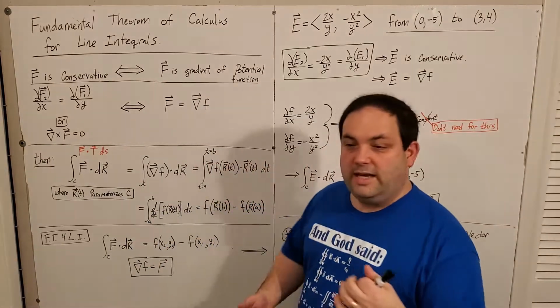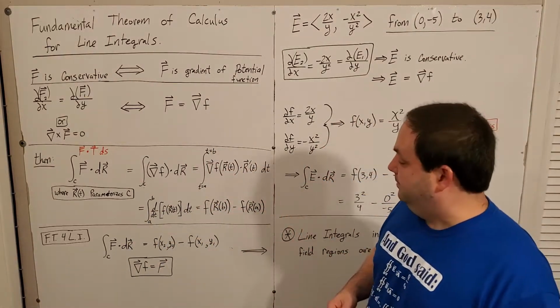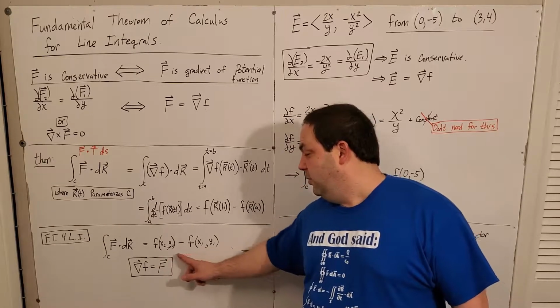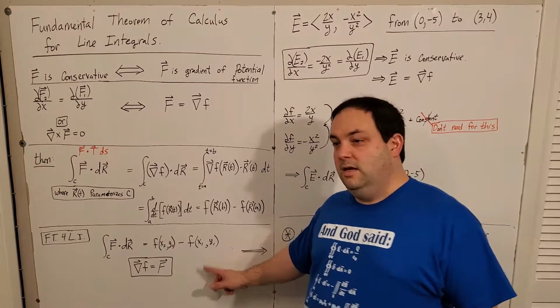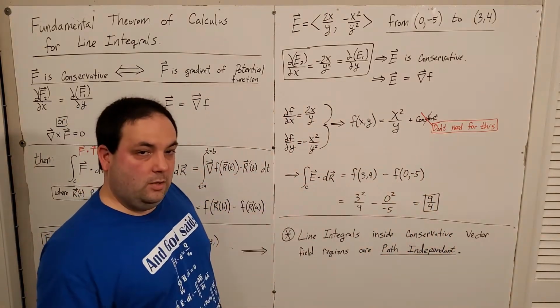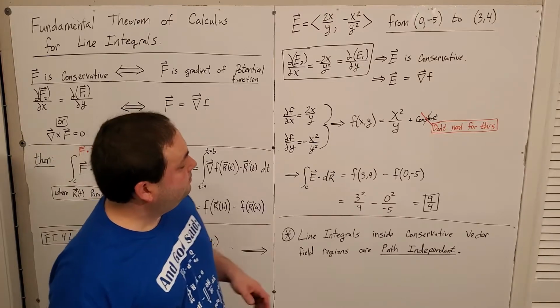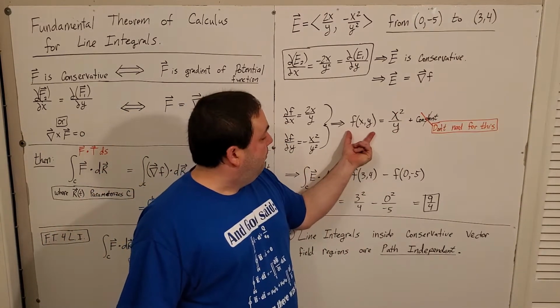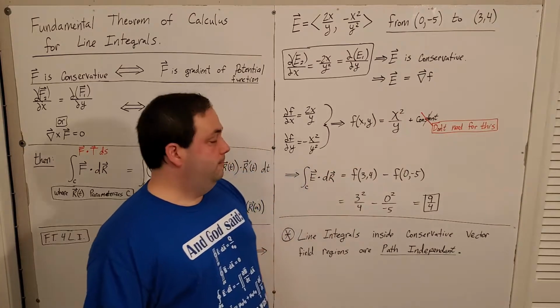However, just like in the fundamental theorem in Calc 1, since I'm subtracting between ending and beginning points, the constant doesn't matter because it gets subtracted away anyway. So I'm not worried about that piece. My potential function is x squared over y.